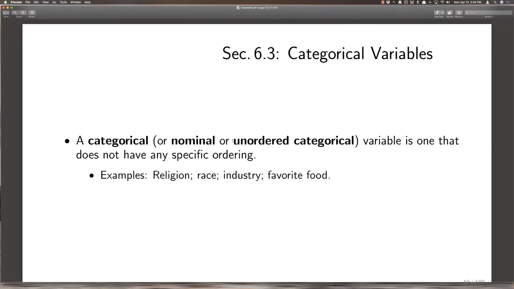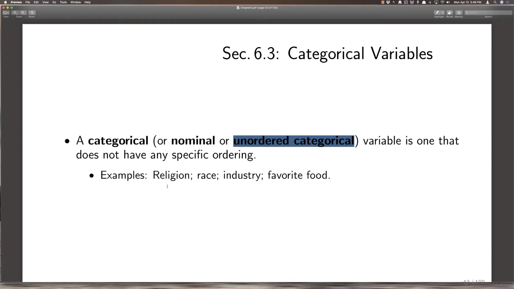An unordered categorical variable, again, this is what I prefer, doesn't have a specific ordering. So if we had a data set and one of our variables was religion or race or industry or favorite fast food or whatever it is, those things don't really have an order. There's no ordering to religion.